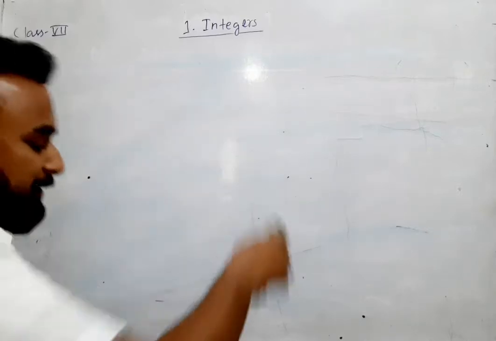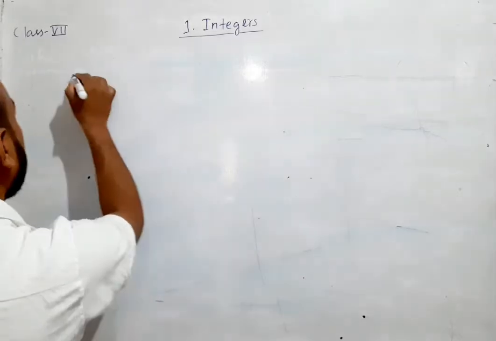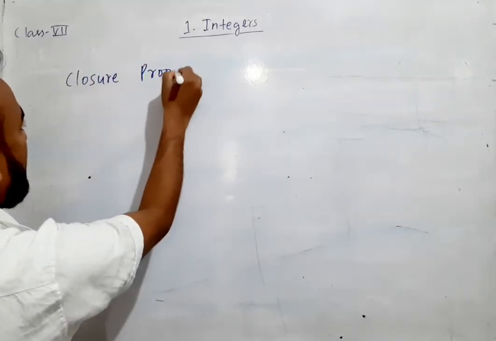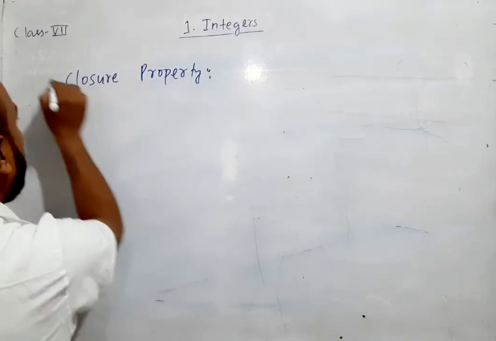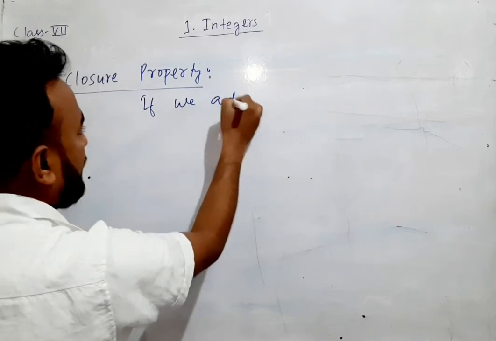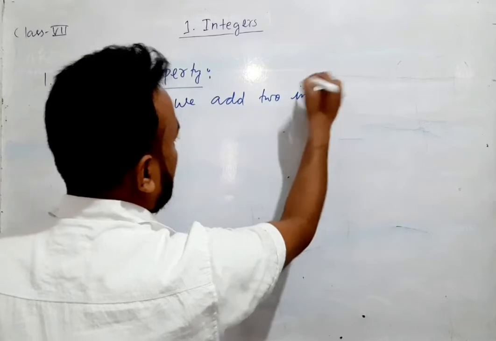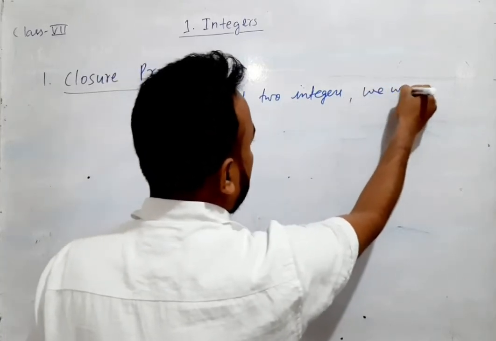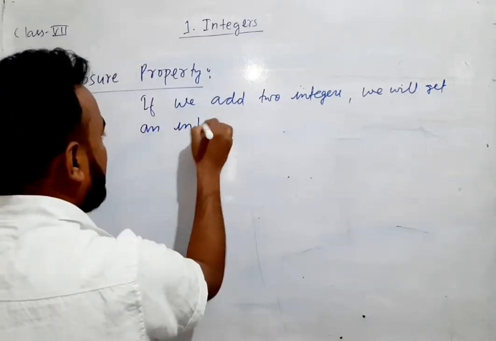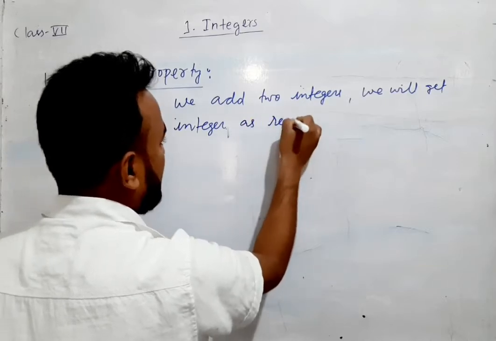First property you have, that is closure property. According to this property, if we add two integers, we will get an integer as a result.